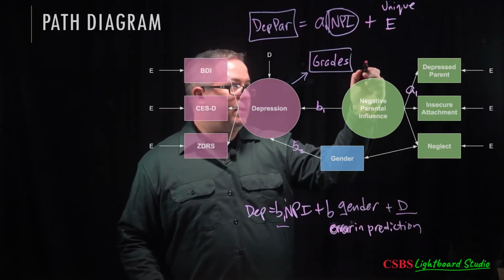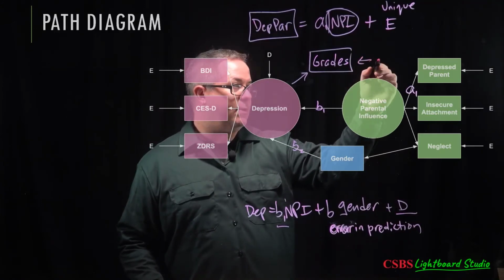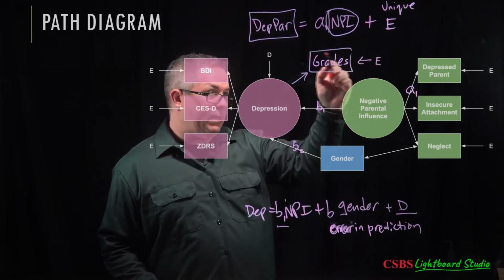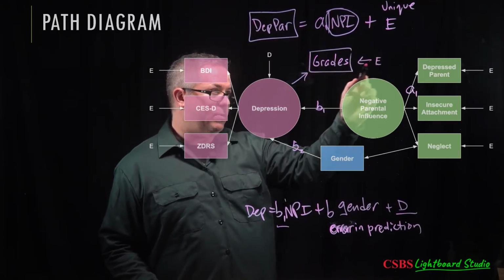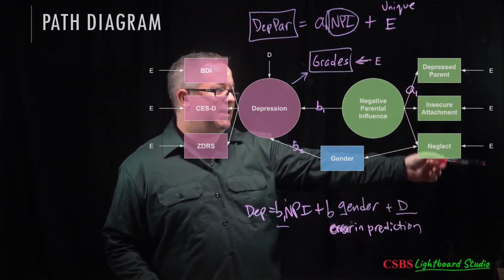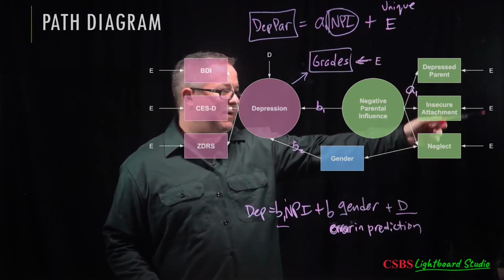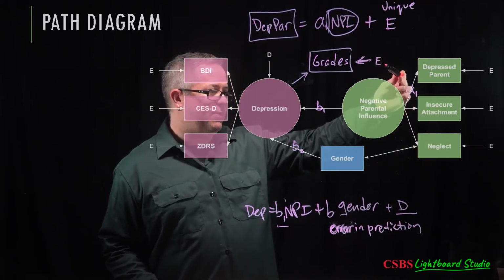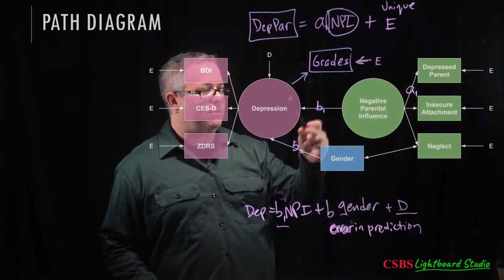And this would have some kind of an E, because I'm predicting a measured variable. This E, even though it looks just like the other E's, these E's are unique variances left over from the measurement. This is a prediction error left over from the prediction of grades by depression.